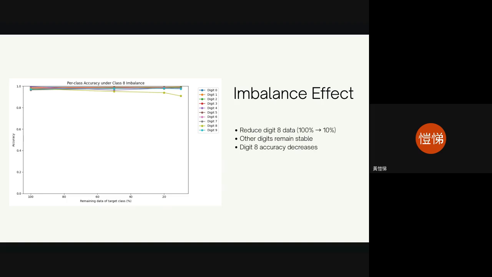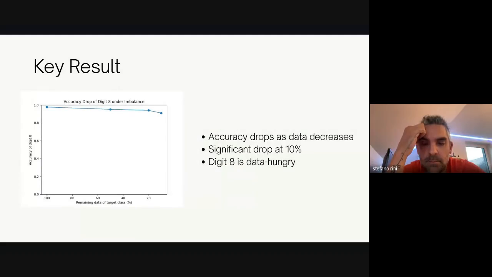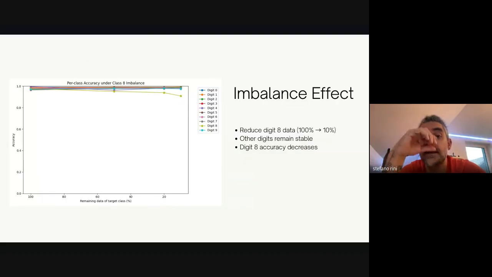This means the model is still strong overall, but it loses its ability to represent the underrepresented class. Next page. I mean, it's still above, even with 10% of 8, you still achieve 90%, right?